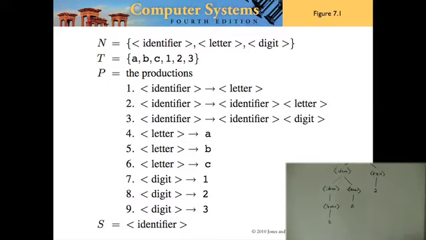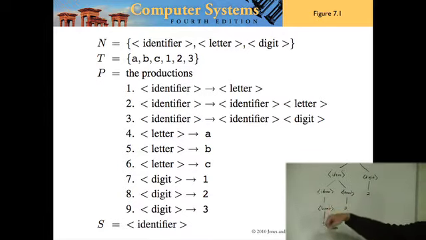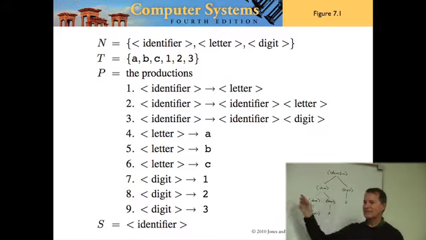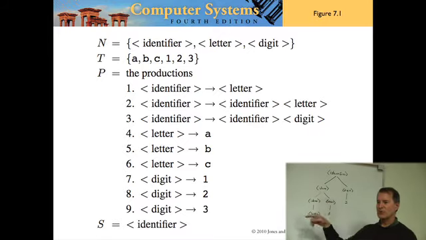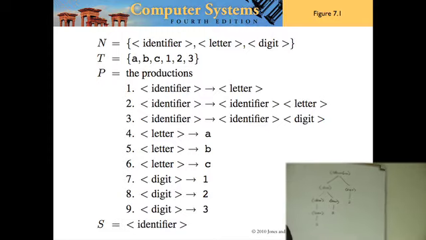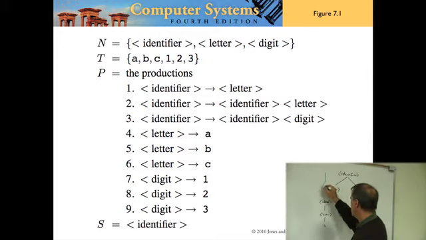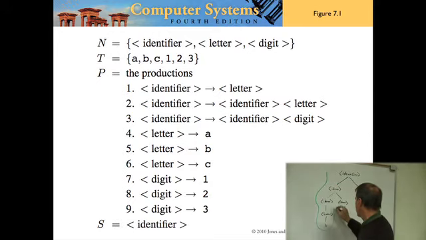Now, do you see that this tree doesn't tell us what order we did things in? In fact, we could have done the substitutions in a slightly different order and come up with the same thing. The way you read this is kind of like a traversal.